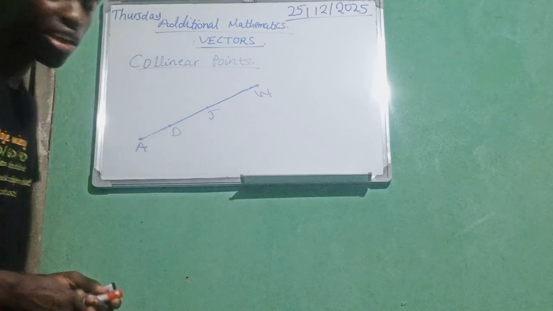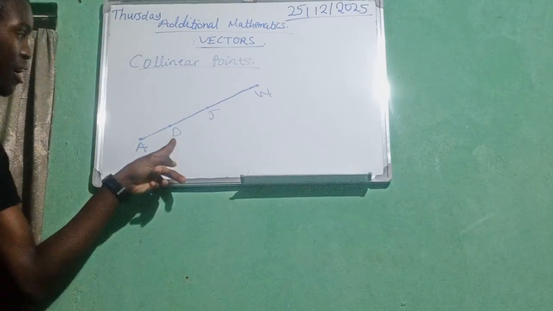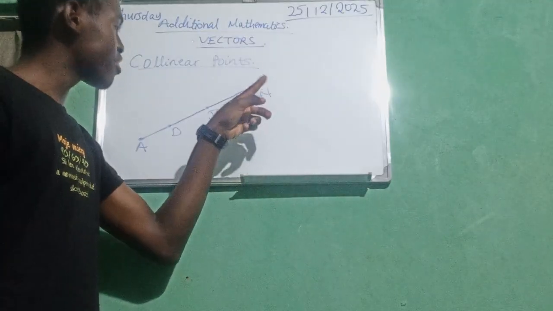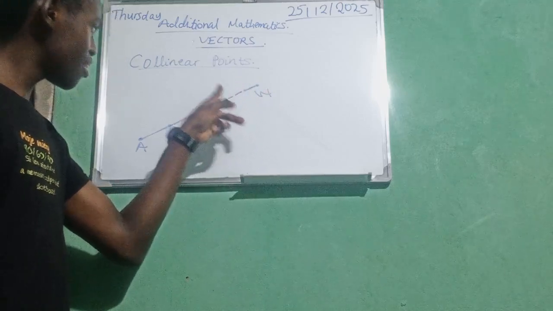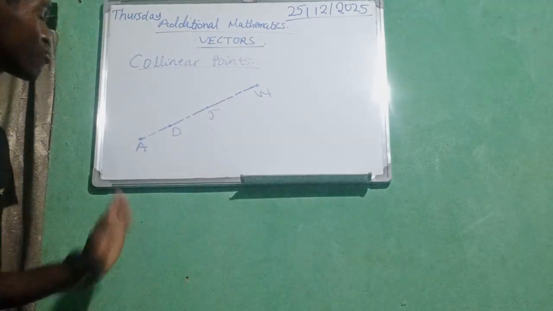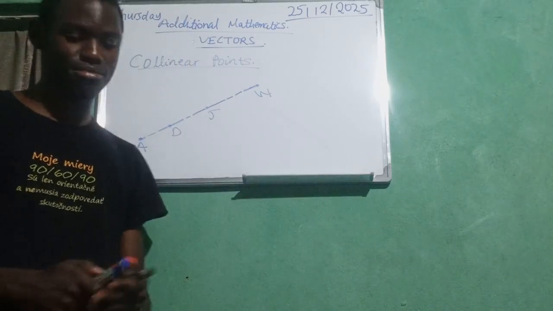The gradient there is the same here, there, and there. So the gradient is the same along this line segment.